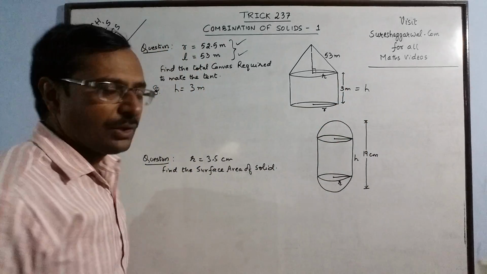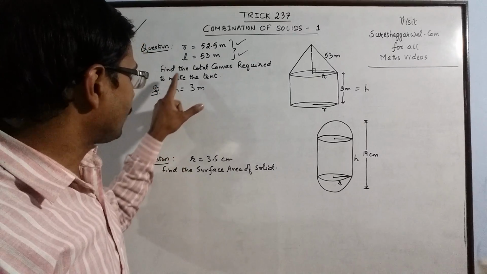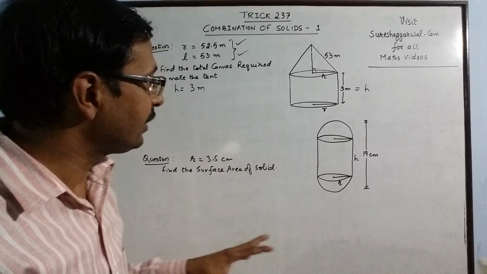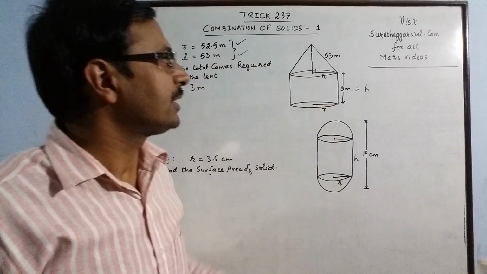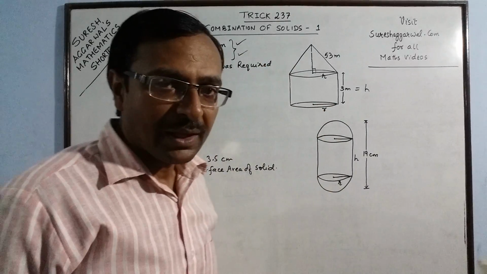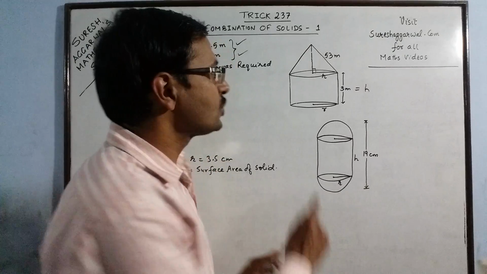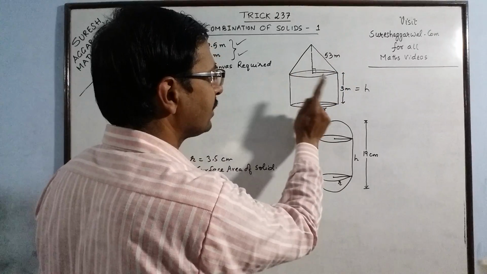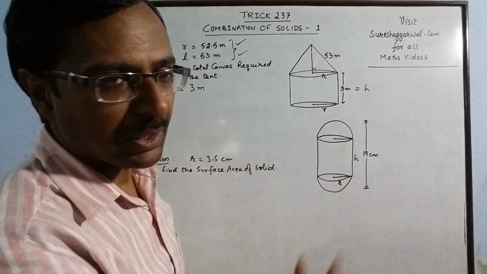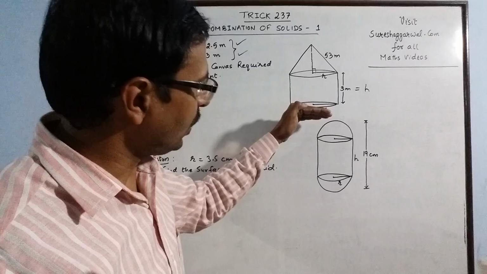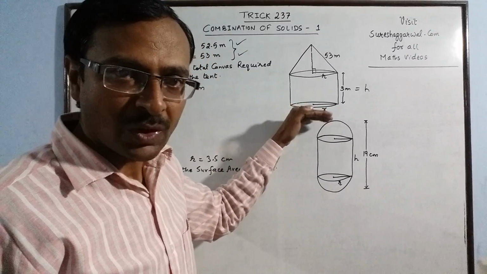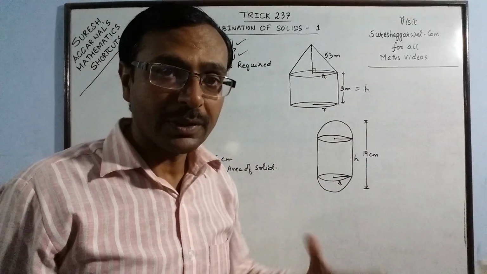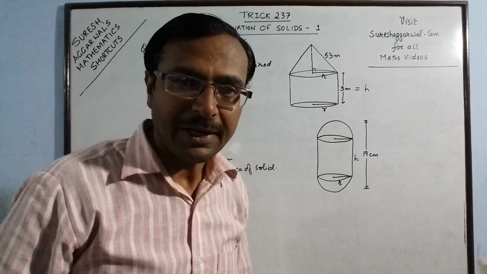What we are required to do is find the total canvas required to make the tent. We need to understand that canvas in a tent is used in the curved surface area of the conical part and the curved surface area of the cylindrical part, because there is no canvas on the base, since it is ground, and no canvas in the middle, because that is where they are joined together and that is the open portion of the tent.